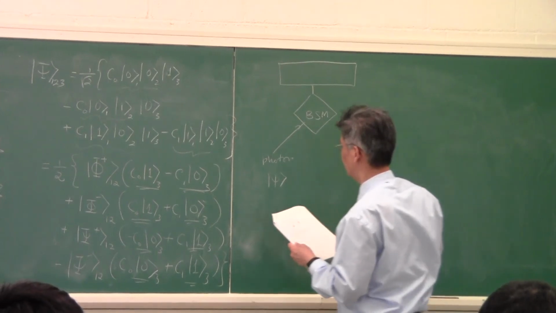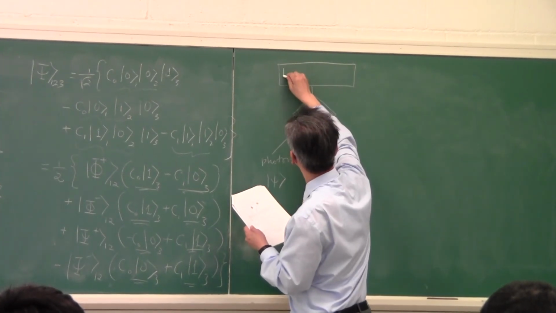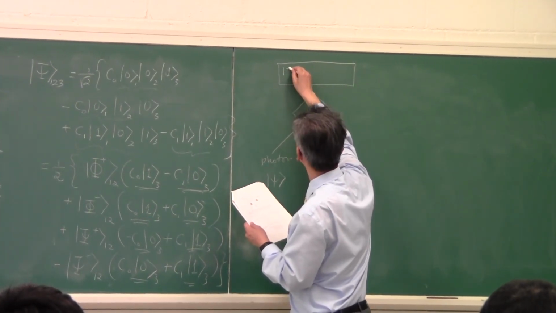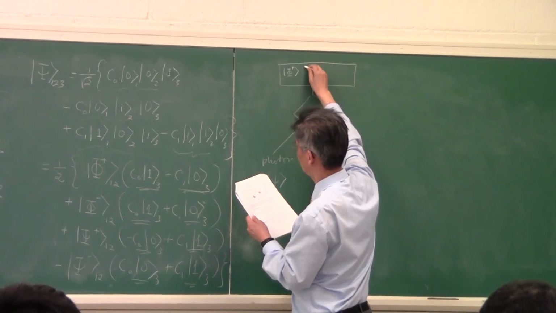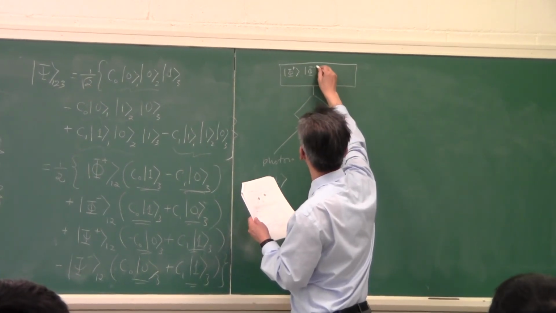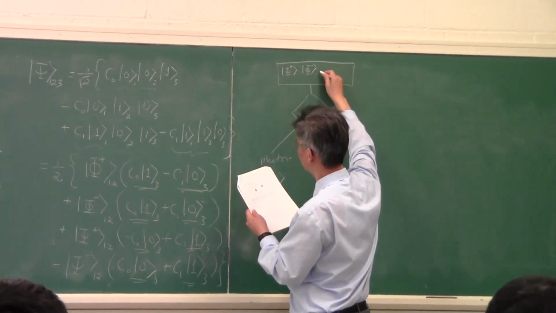It is going to tell Alice that the first 2 photons are in one of these Bell states.